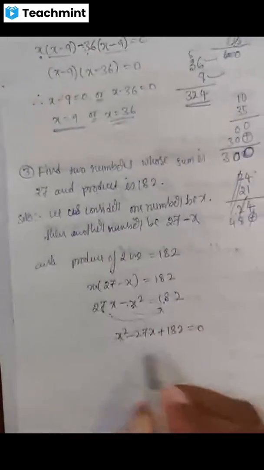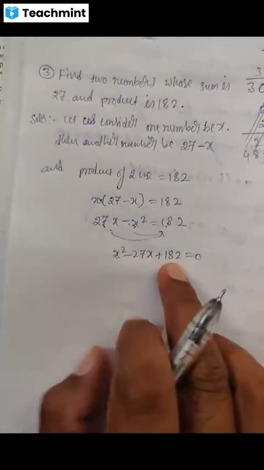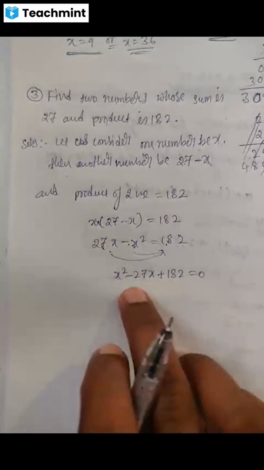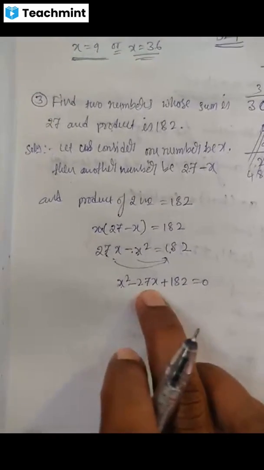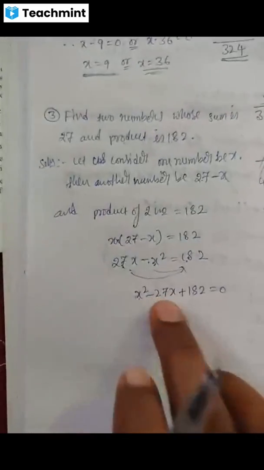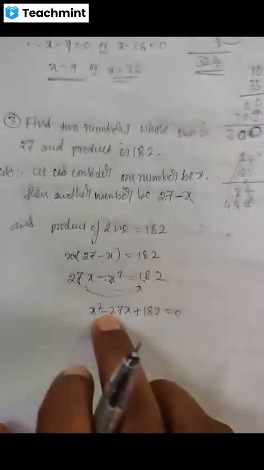Right. So again we have to split the middle term to make the product 182, and to make the sum again minus 27x. Last term is plus, which means both the factors are minus or both the factors are plus. It depends on the middle term. Middle term is minus, so both the factors are minus.